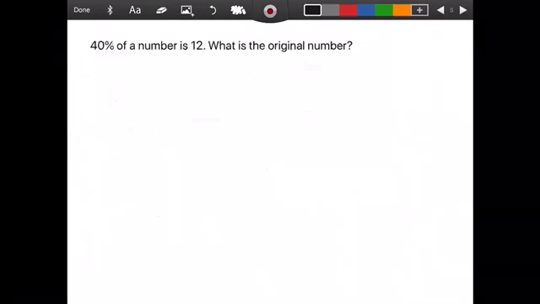So if I want to find 40% of a number to get 12, I could have gone 100%, find out what 10% is, and then find out what 40% is from that. So I'm sort of going to work backwards to get back to 100%. I'm going to say that 40% of my number was 12.